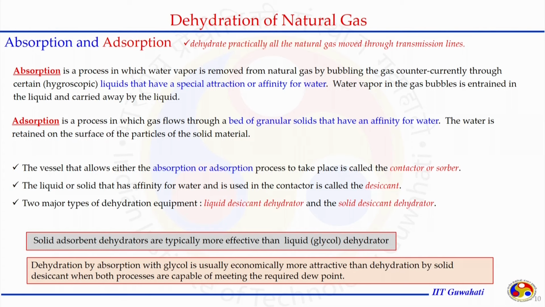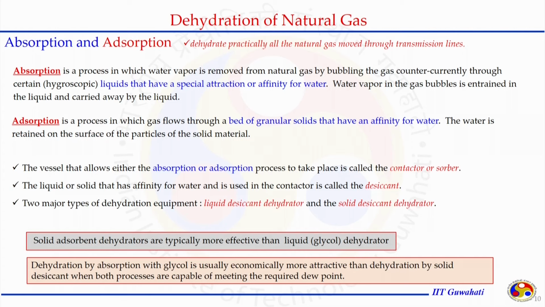They are processes to dehydrate natural gas up to a certain level where it matches the specification of pipeline transportation, and dehydration by absorption and adsorption practically removes most of the water content present in the natural gas before it goes to the pipeline or the transmission line.